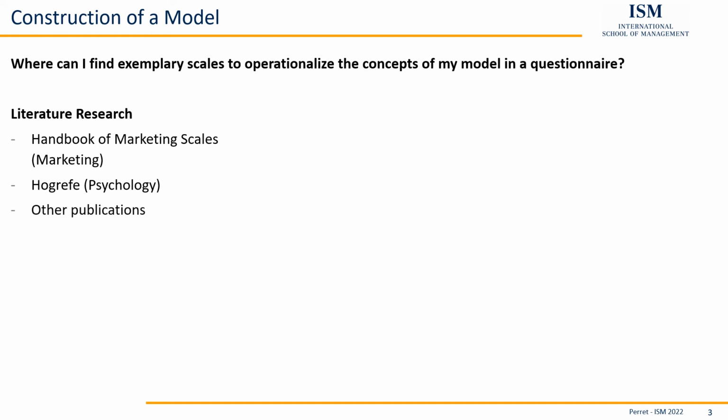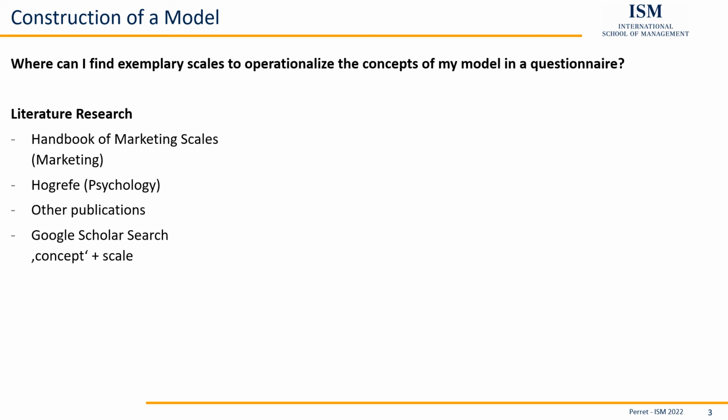Well, if you do not find anything in one of those two books or with one of those publishers, check out other publications. Again, take a look what other people working on the same topic have done. You can do this by simply turning again to something like Google Scholar and searching for the name of your concept plus scale.